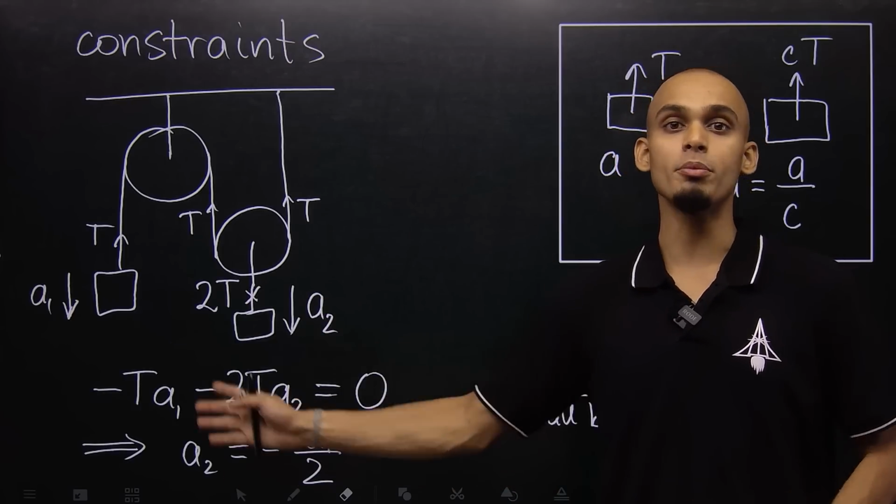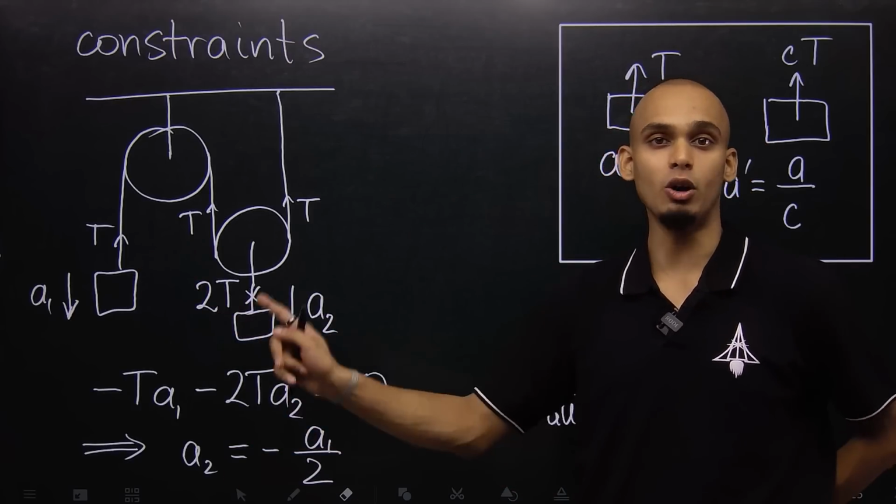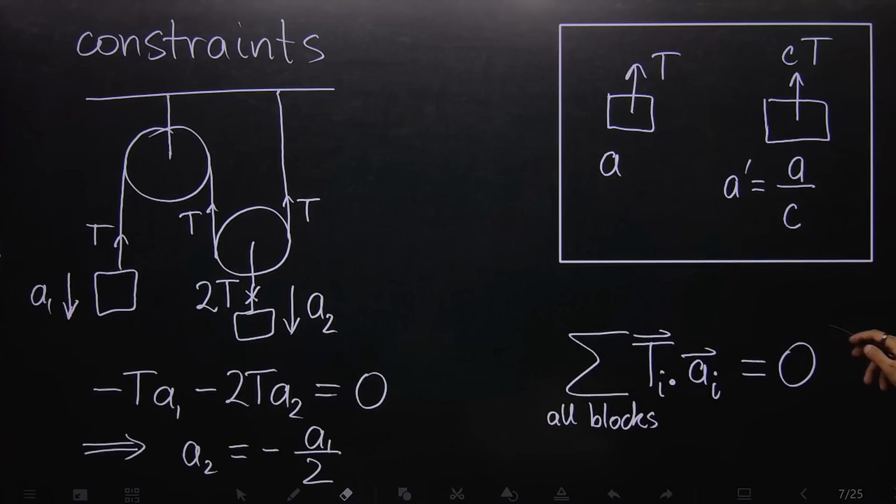But in this form, if you are assuming all the accelerations to be downwards, then the string constraint also takes a mathematical form: for each block, take the dot product of the tension force acting on it and the acceleration of the block.